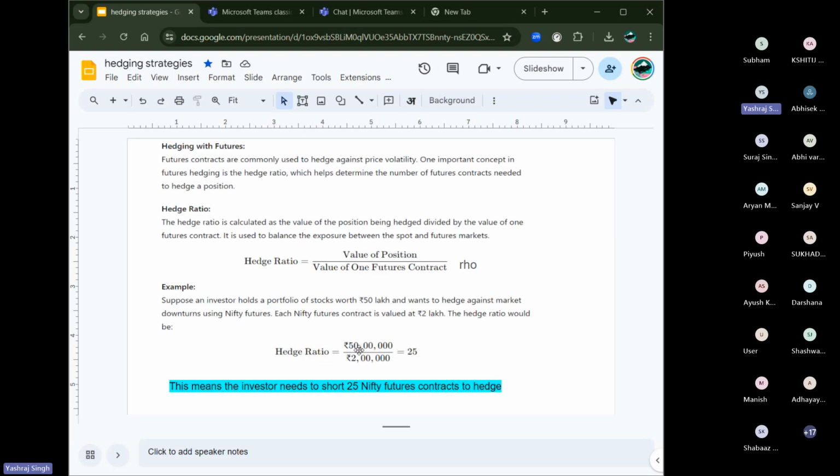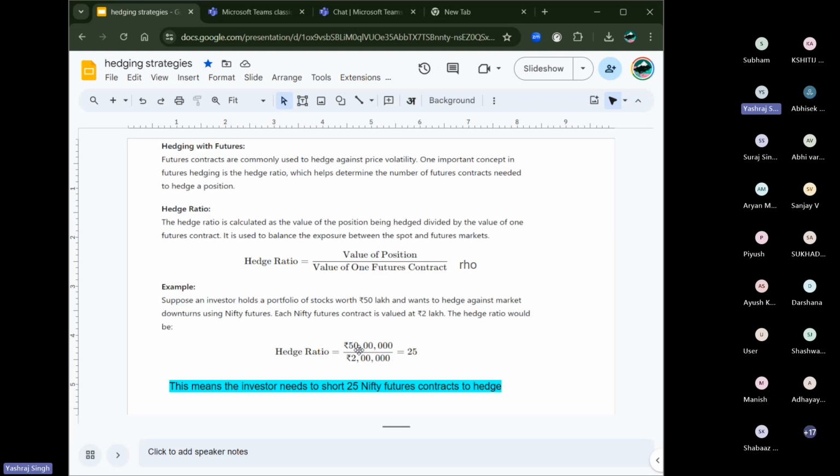There is this concept of backwardation and contango. We'll not get into that, but just understand that there is this difference, which is called the basis. So basis risk is like, if the difference between the stock spot and the future is, let's say, 10 rupees, that will converge at the end.